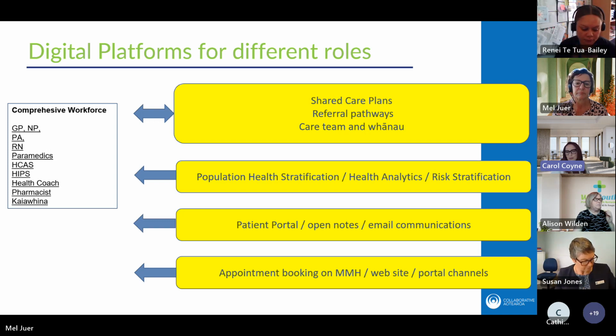And so what we did is we would have a champion role, and then they would be able to report back at those meetings and work with a team, like a healthcare assistant and the pharmacist. And it was a way that we were able to monitor how we were doing.